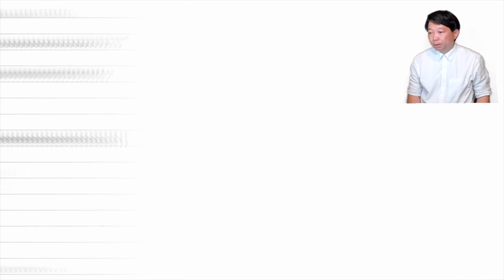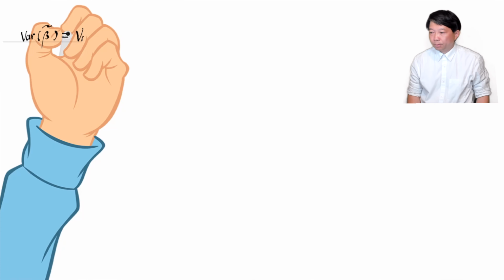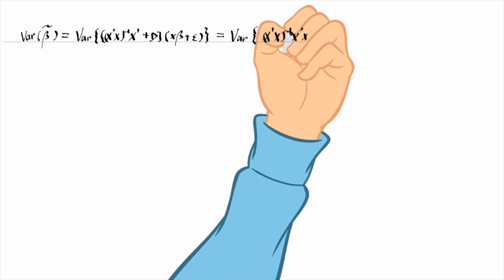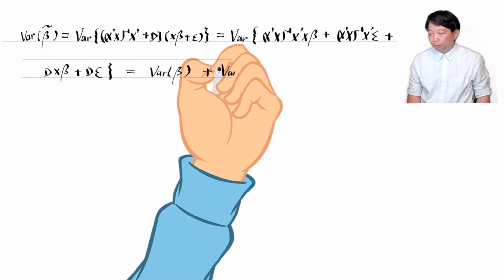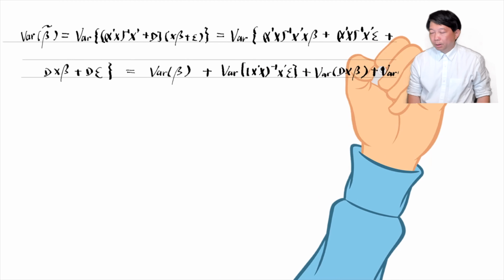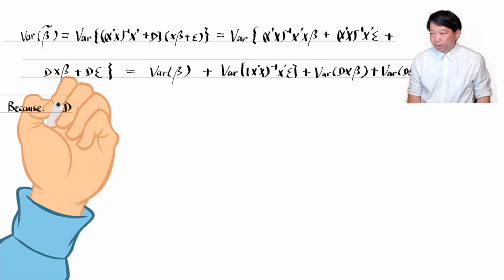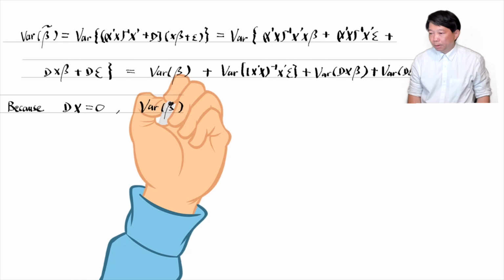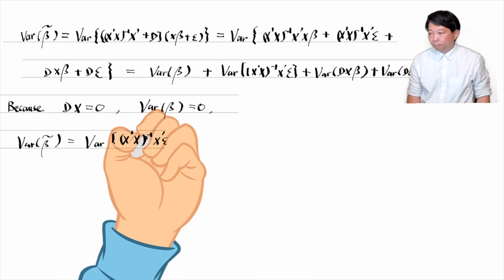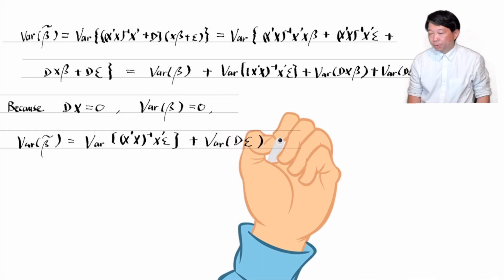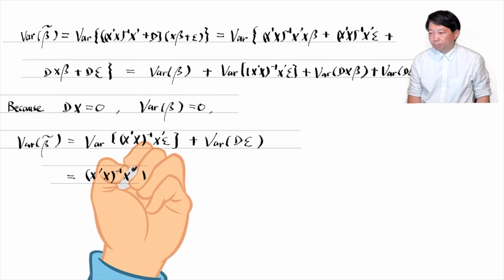The third step is to write down its variance. There were 4 terms. Because d times x equals 0, and the variance of a parameter is 0, the variance of beta tilde can be simplified to 2 terms.